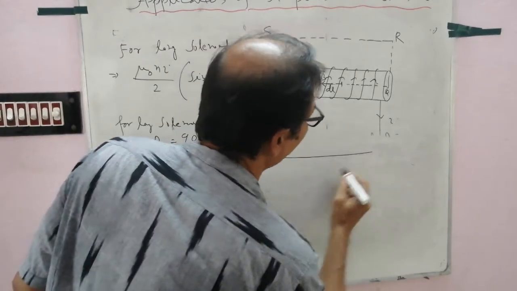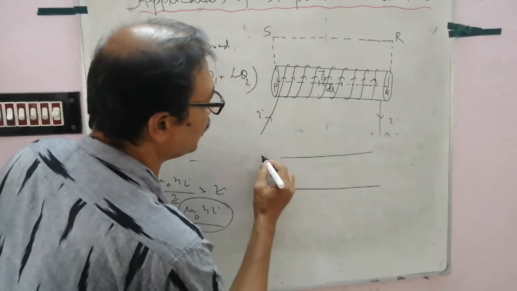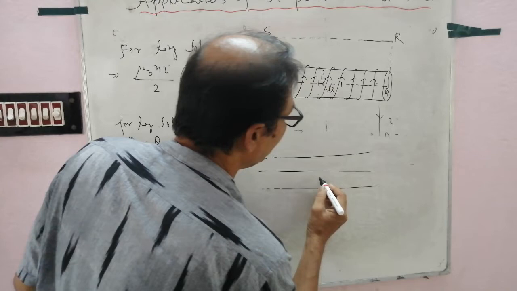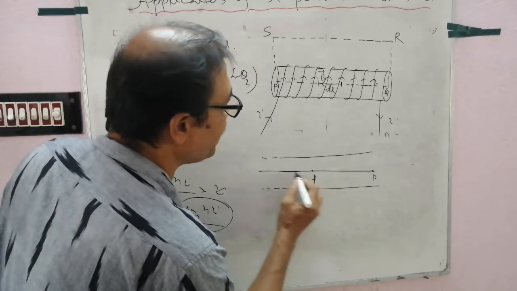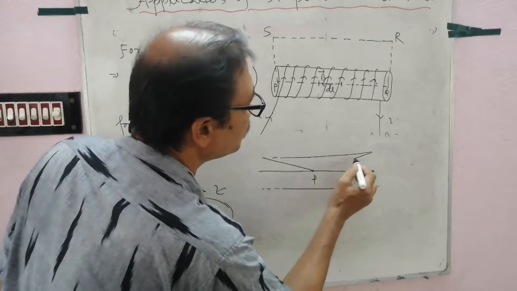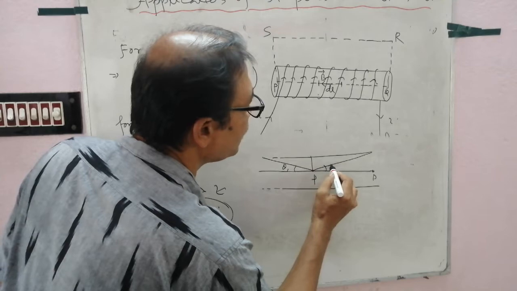At one end of the solenoid, this is a long solenoid, this is the one end, and this is the point P. At first I considered P. Here is theta 1, this is theta 2.